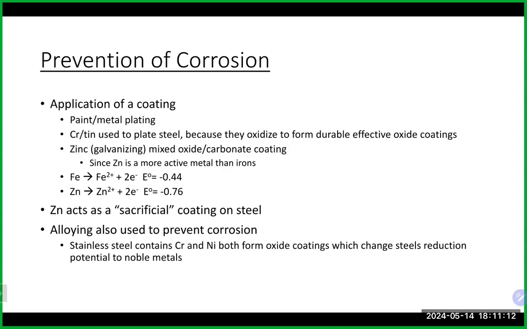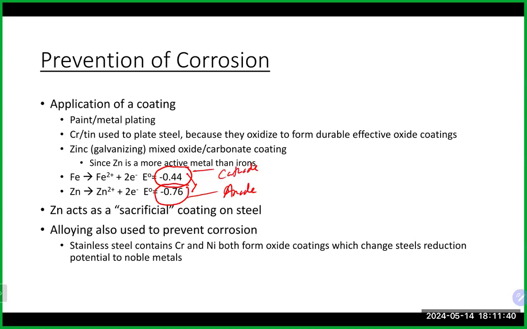When we compare these two and use a little bit of zinc with our iron, zinc has an SRP value of minus 0.76 versus iron's minus 0.44. Comparing those two, that turns our iron into the cathode, and all the bad oxidation happening at the anode will happen at the zinc.